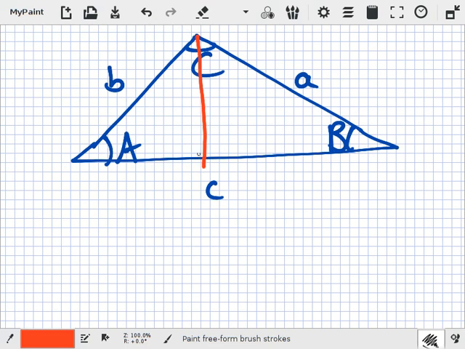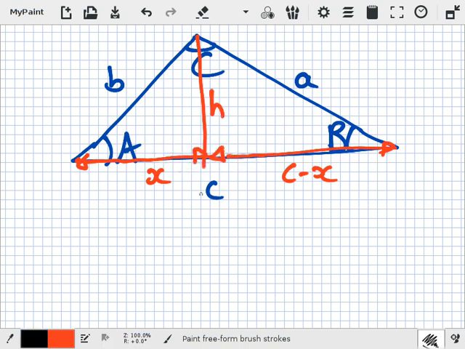This time we'll call this distance here x. Now if here to here is x, and the total is c, then this distance will be c minus x. And we'll call this height here h.